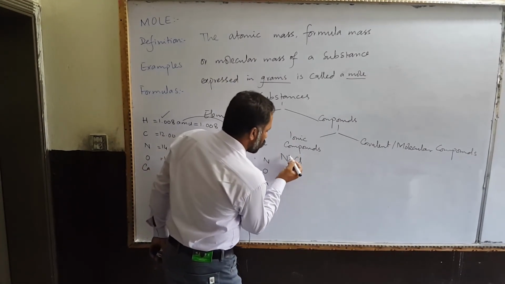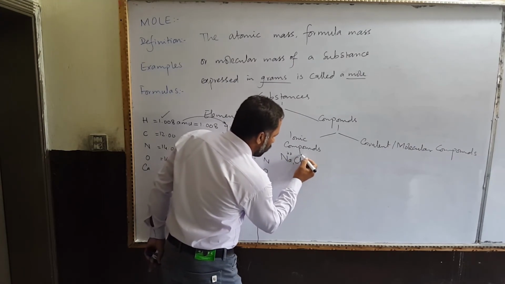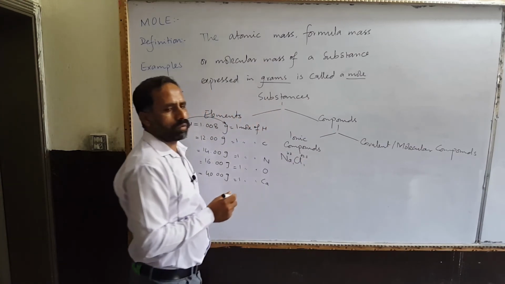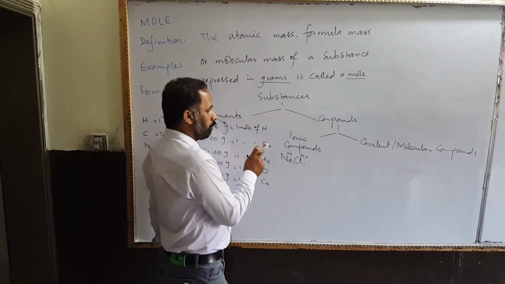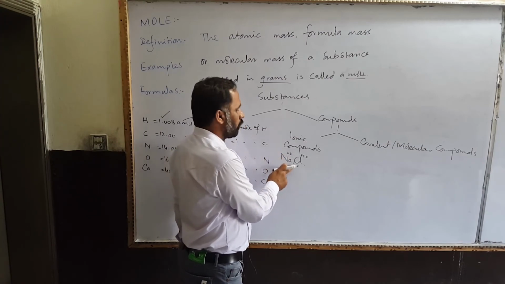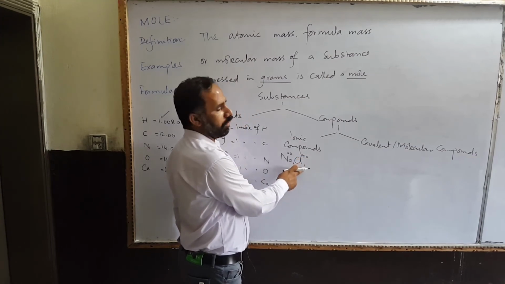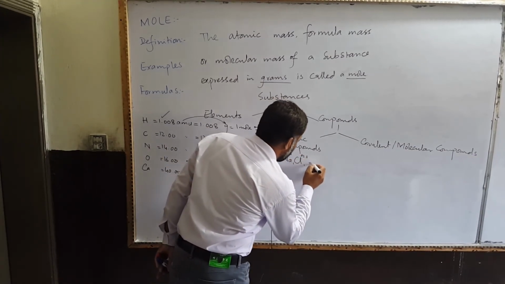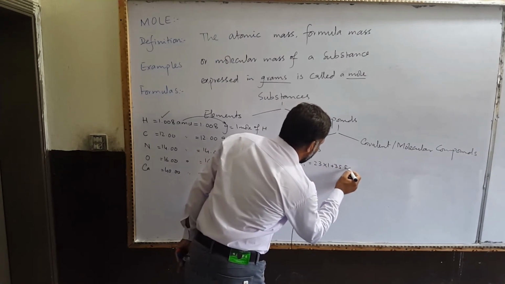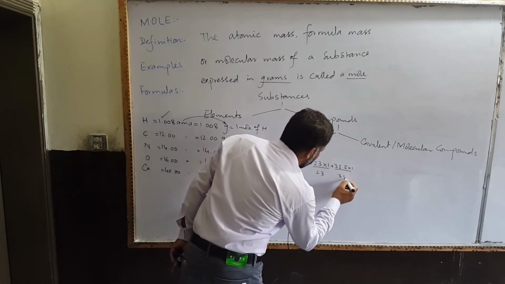Mass number of sodium is 23, number of atoms is 1. Mass number of chlorine is 35.5 and number of atoms is 1. So we calculate 23 into 1 plus 35.5 into 1; this will be equal to 23 and this will be equal to 35.5.